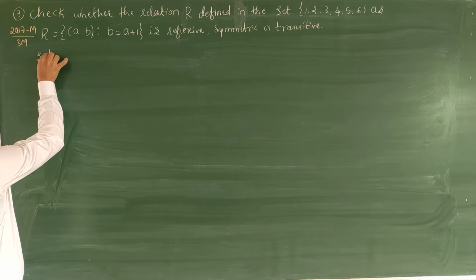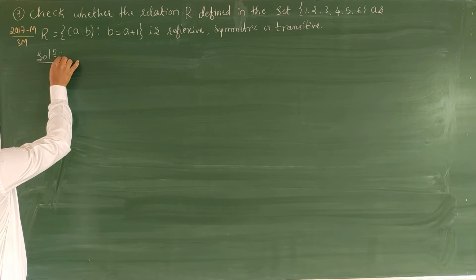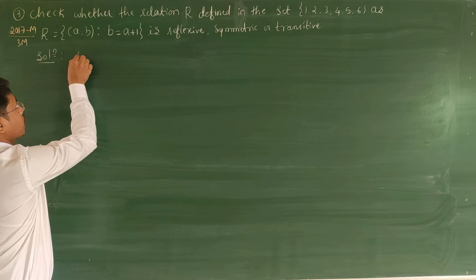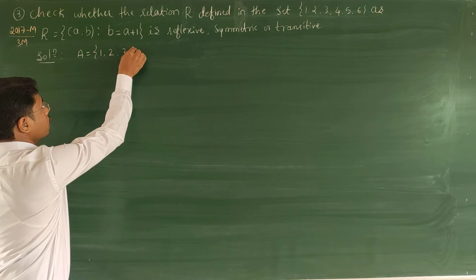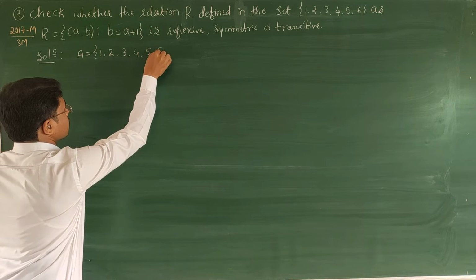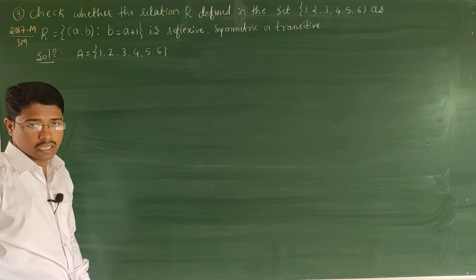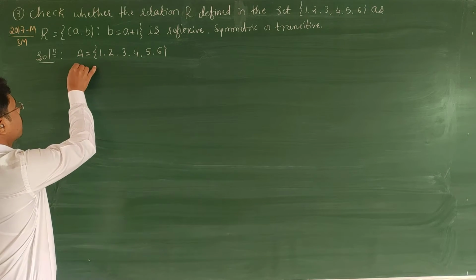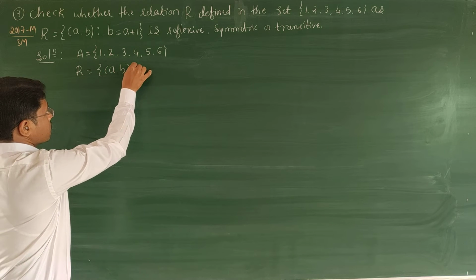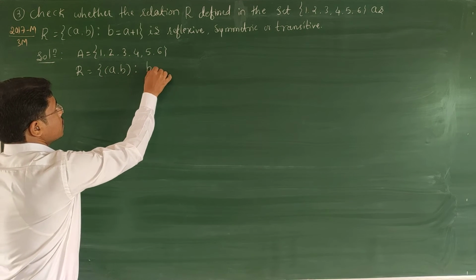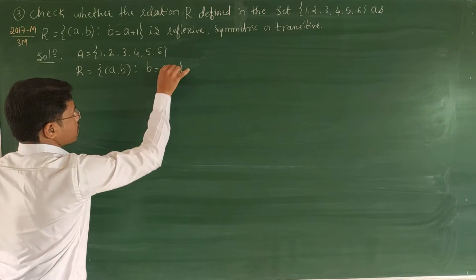Before that, let us write the given. The given set, name it as A = {1, 2, 3, 4, 5, 6}. Then R = {(a, b) : b = a + 1}.